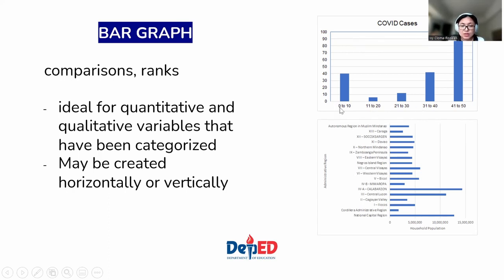Yeah, so it's continuous, but you make categories out of it, no? So bar graphs, we use that to compare. Yeah, this one, let's see the axis. This is household population, and this is the provinces or administrative regions. So we check how many households, what is the population per administrative region here.